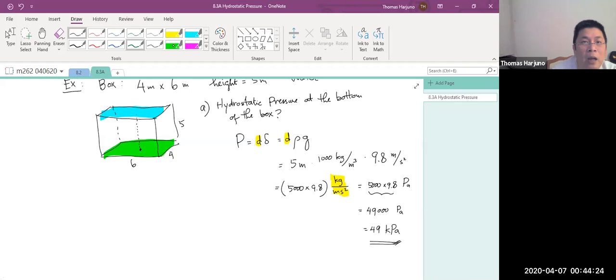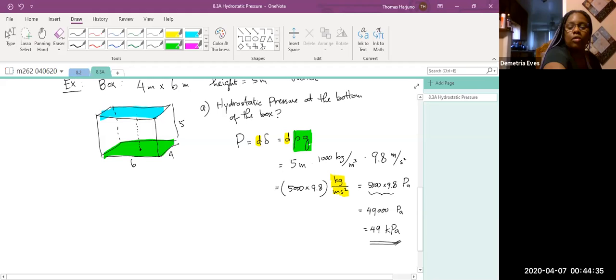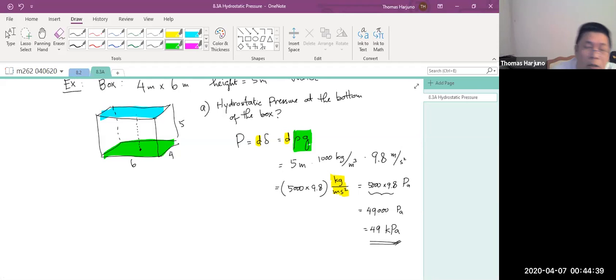Now, in my class, I will just let you leave the rho and g as rho and g. You don't need to plug in numbers. The reason is it is possible that the liquid we use later on is not water.